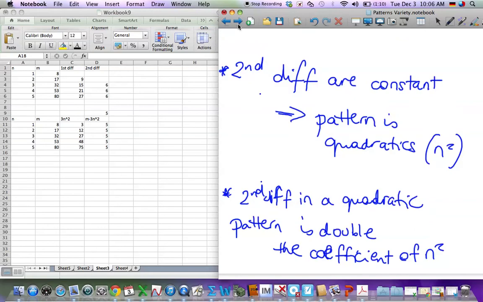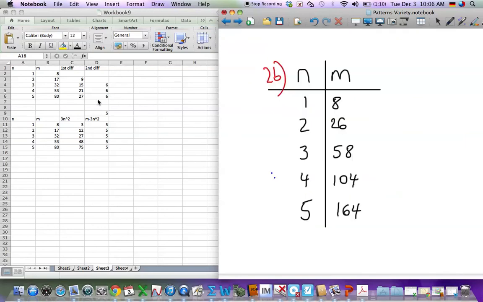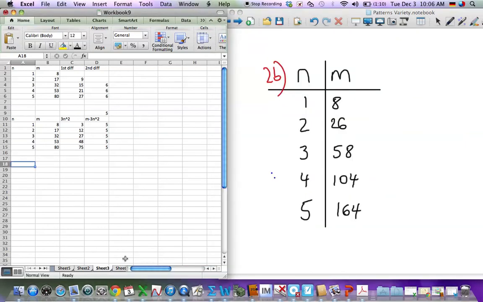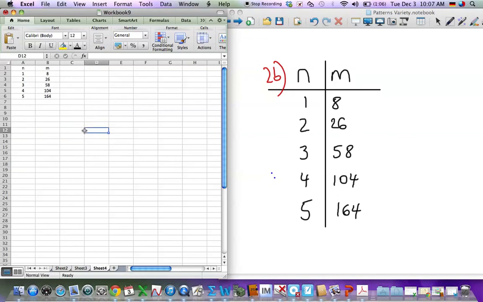Okay, so let's do the next one a little bit quicker. This is the next one. I've already prepared the table right there. So I'm going to look at my first differences. And then I'm going to look at my second difference, equals this minus this.